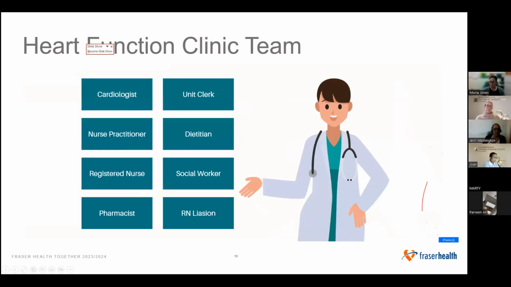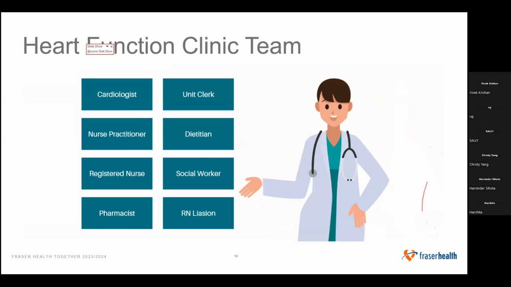Okay, so our team includes cardiologists. As I mentioned, we have approximately 9 or 10 cardiologists that rotate through our clinic. Our primary cardiologists are Dr. Tarun Sharma and Dr. Calvin Tong.